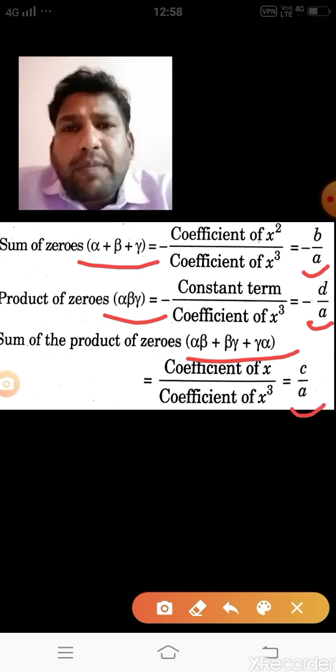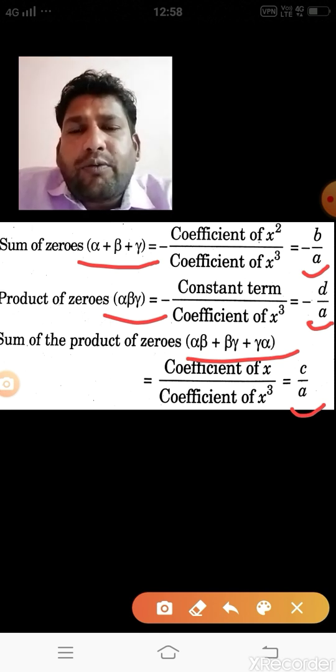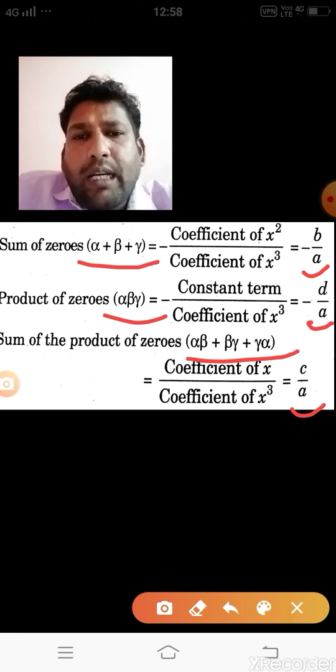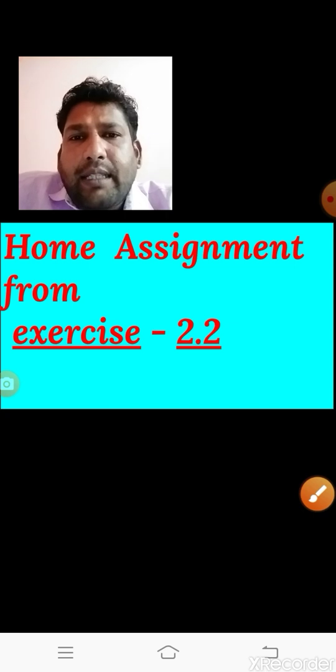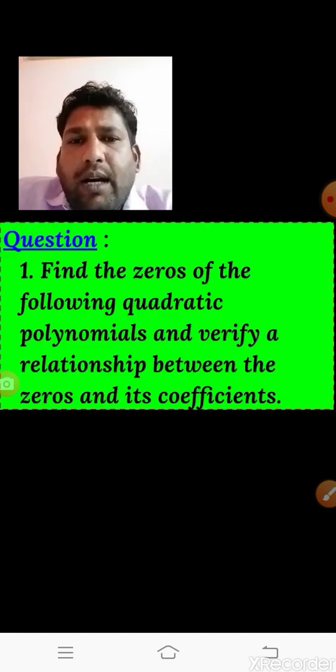Then in the next presentation we will discuss some more questions on the basis of the zeros of the quadratic polynomial or cubic polynomial. Here I have a home assignment for you, and this I am taking from exercise 2.2. Two questions are there. The first question is of 3 marks and the second question is of 1 mark.